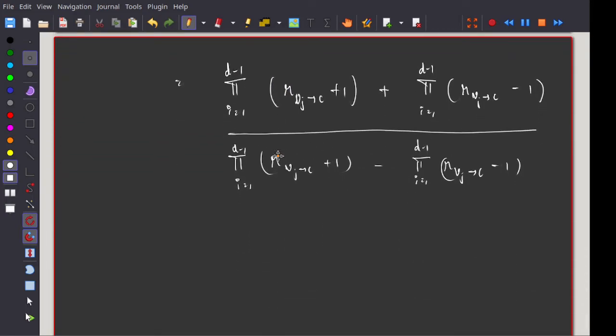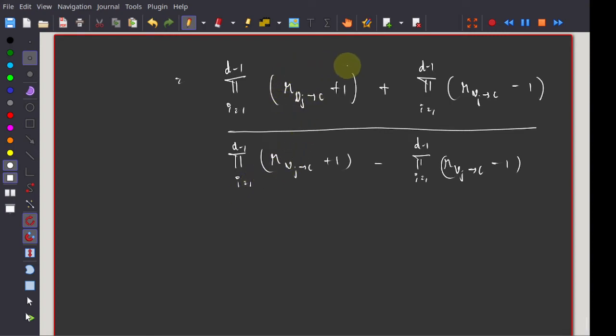But maybe before that, let us look at this particular quantity: the product, i equal to 1 up to d minus 1, of b_j to the c plus, or maybe forget about r, b_j to the c and everything else. Let me just say alpha i. So alpha i plus 1, for some alpha 1, alpha 2 up to alpha d minus 1.